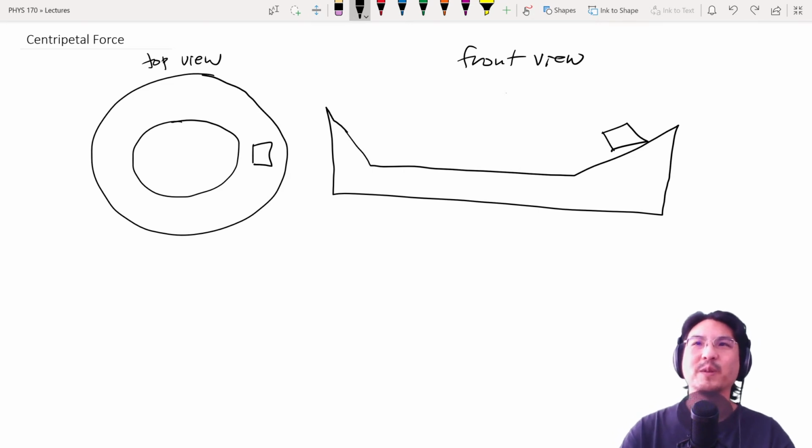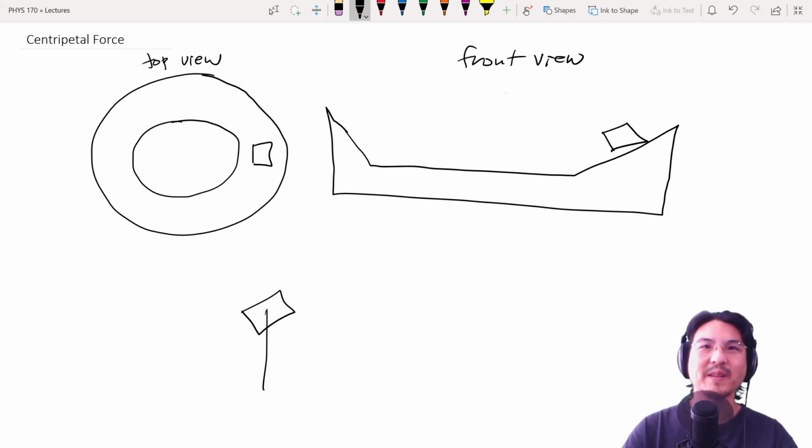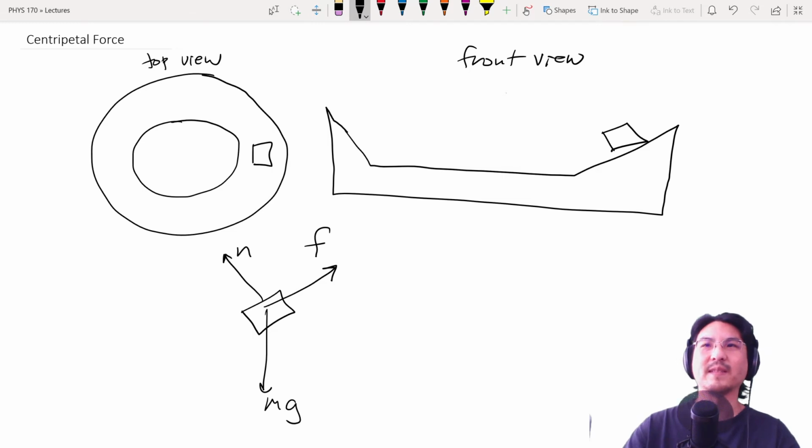So if we draw the free body diagram, I'll draw this view of it. What does it look like? The car has weight, and the normal force. And if you're going slow, you're going to slide down, so friction is this way. Side to side, the friction is keeping you on this path.